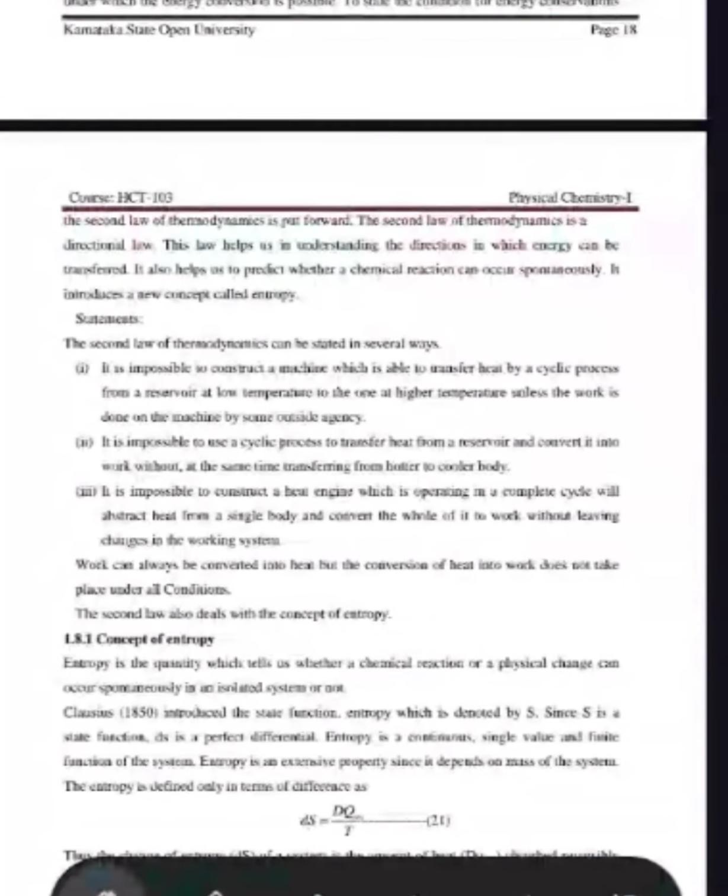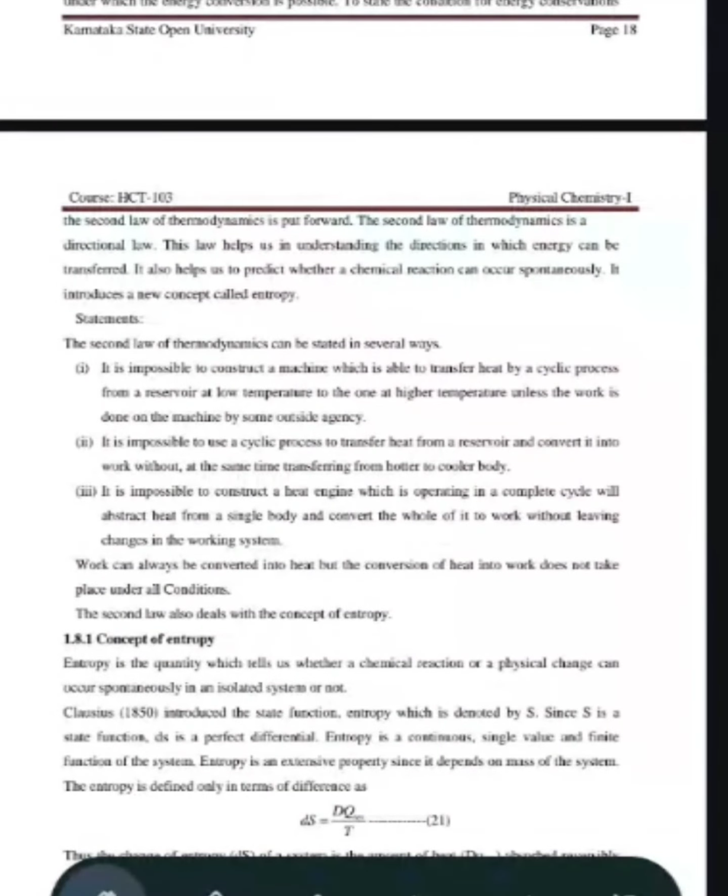Work can be converted into heat, but the conversion of heat into work does not take place under all conditions. The second law also deals with the concept of entropy. What is entropy? Entropy is the measure of the amount of disorder in a system. Whatever changes take place inside the system can be measured, and that is denoted as entropy. Entropy is denoted by the symbol S.